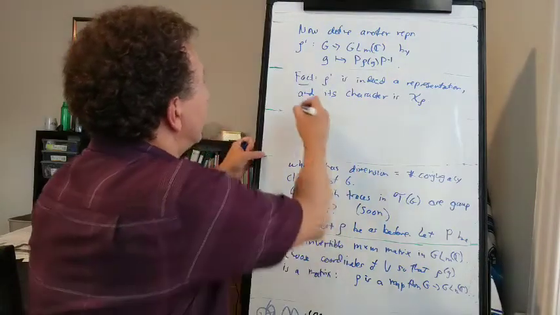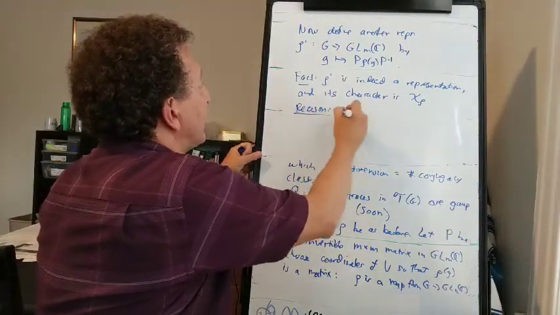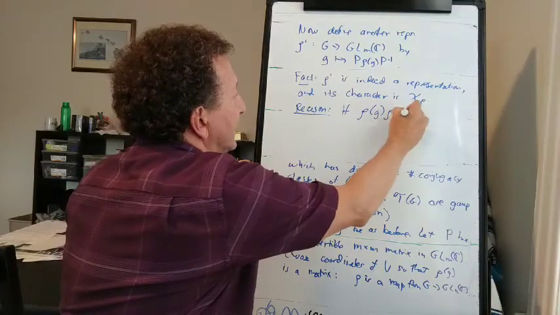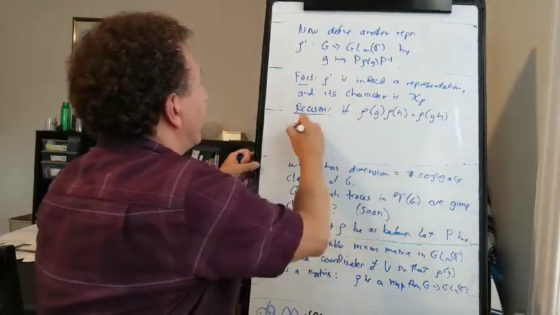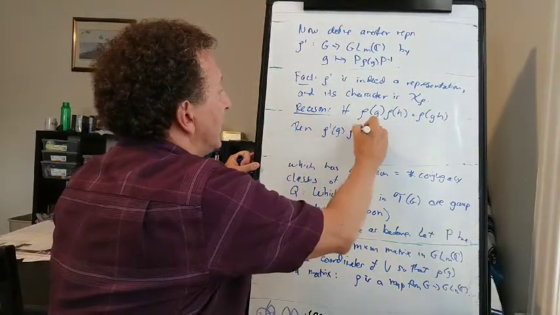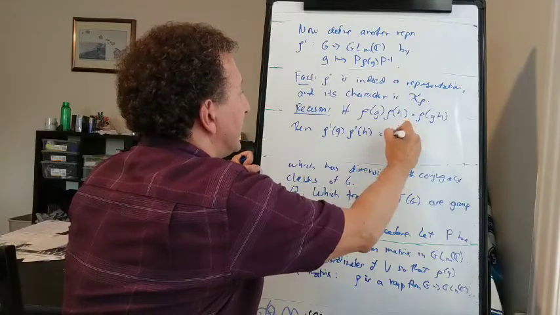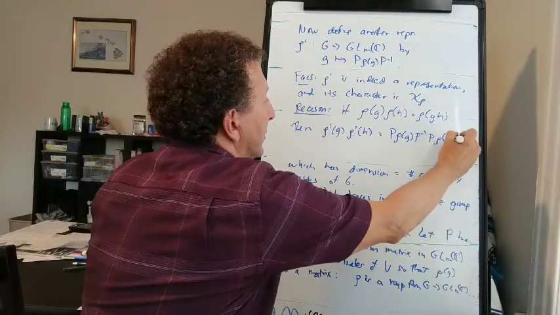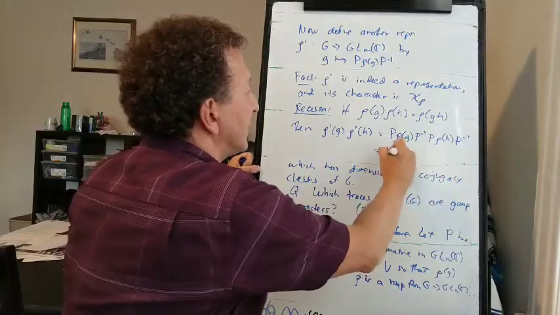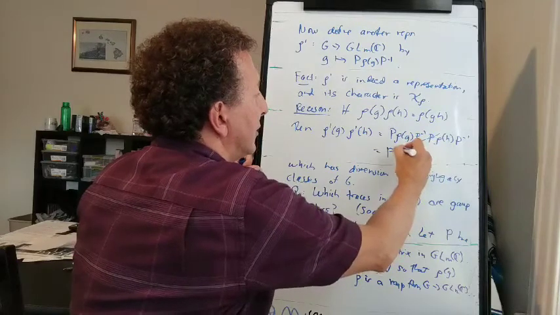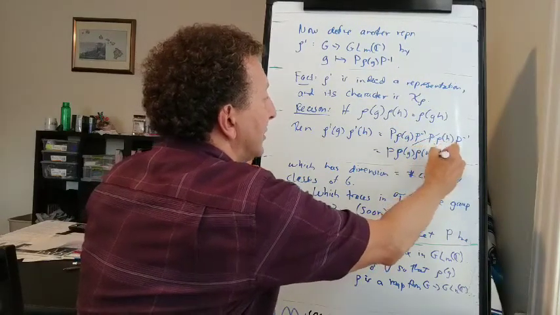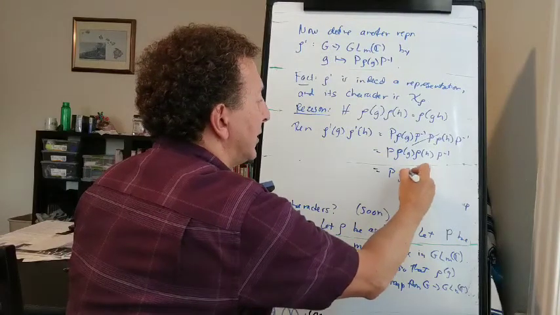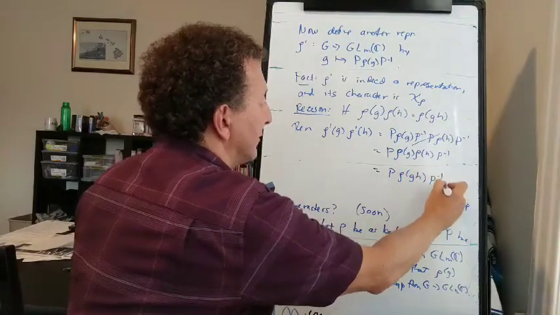So the reason that it's a representation is if rho of g rho of h equals rho of gh, then rho prime of g rho prime of h equals P rho of g P inverse P rho of h P inverse, which is, since P and P inverse cancel here, P rho of g rho of h P inverse, and since rho is a homomorphism, that is P rho of gh P inverse.